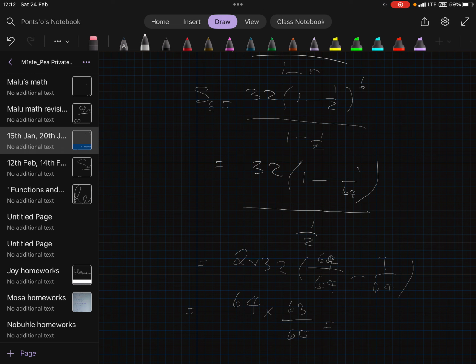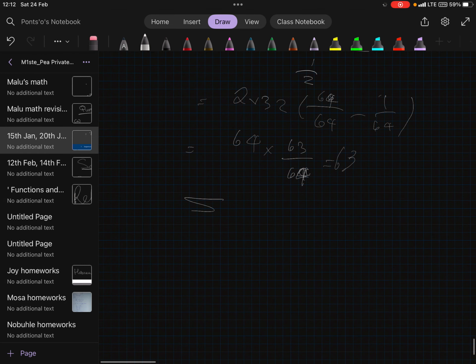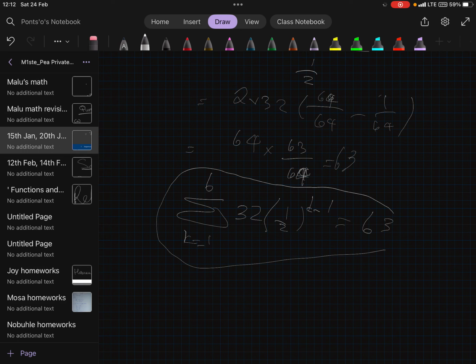The final answer is that if we add all the numbers to the sixth term, we get a total of 63. This tells us that the sigma notation we're given, from k equals 1 to 6, of 32 times a half to the power k minus 1, adds up to 63.